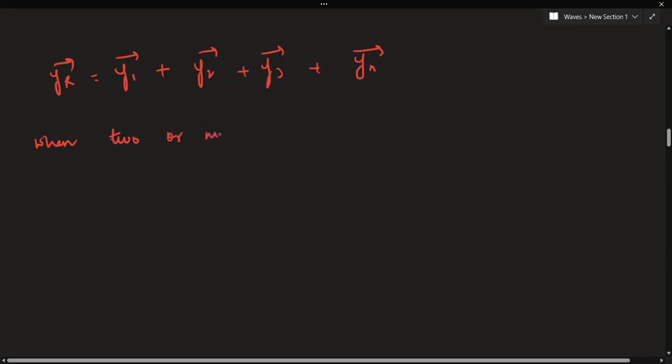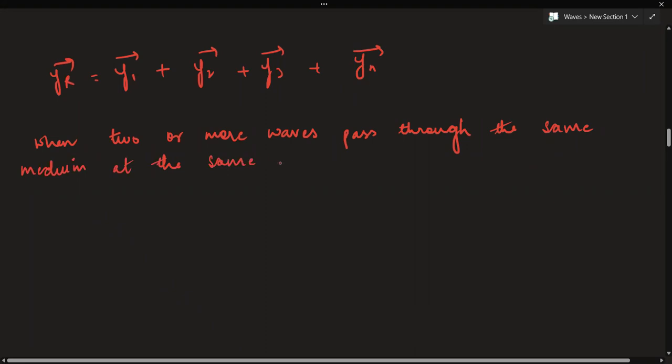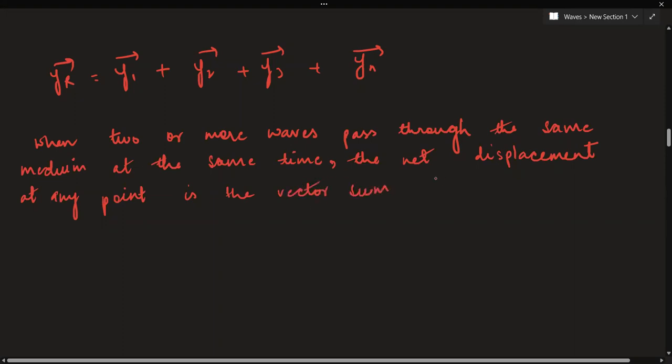So see, when two or more waves pass through the same medium at the same time, the net displacement at any point is the vector sum of their individual displacements.